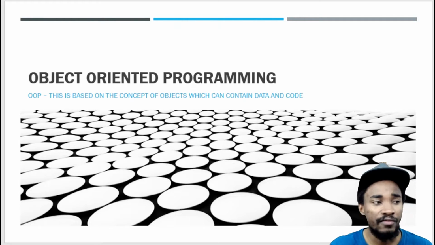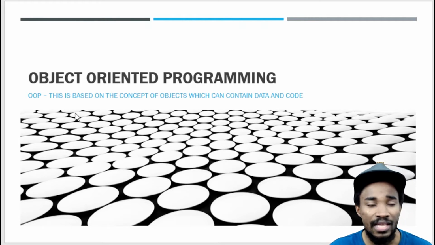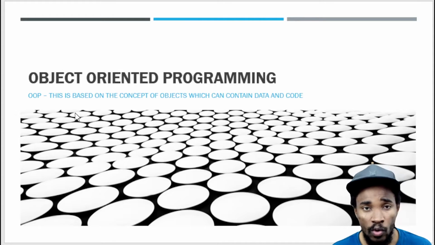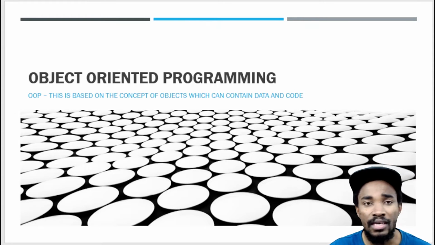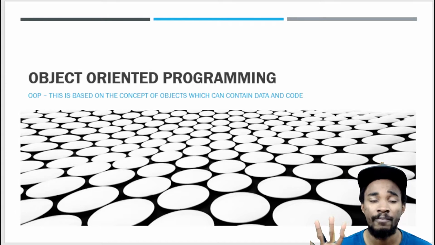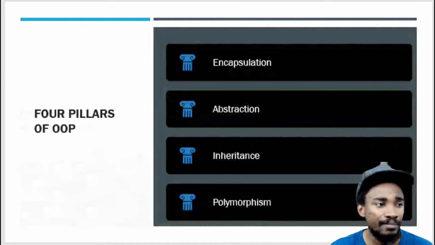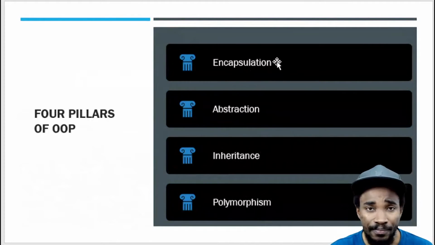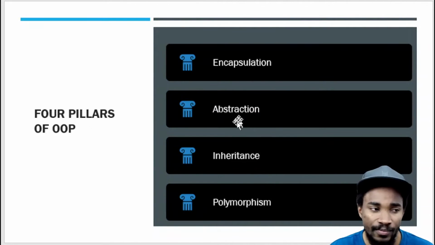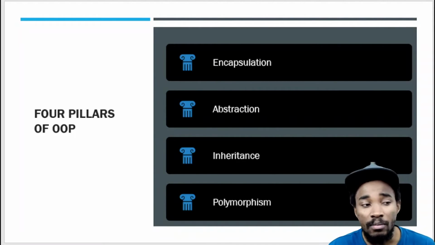And you can see right in front of me here, we have this document we're gonna walk through. One of the key things you need to bear in mind is that there are 4 pillars. So OOP has 4 pillars, and these 4 pillars are encapsulation, abstraction, inheritance, and polymorphism.